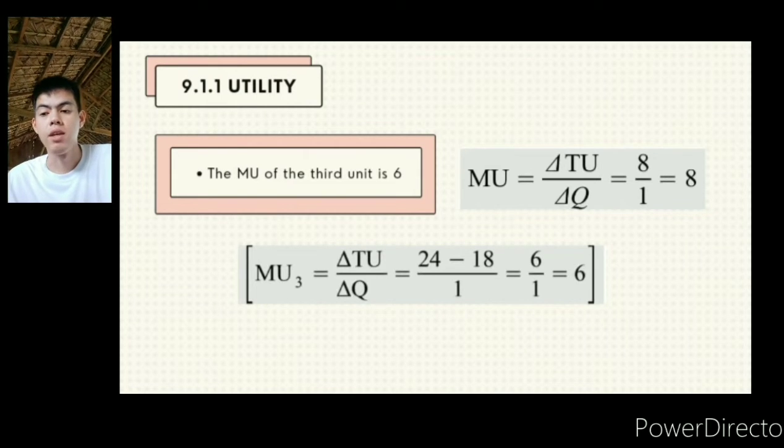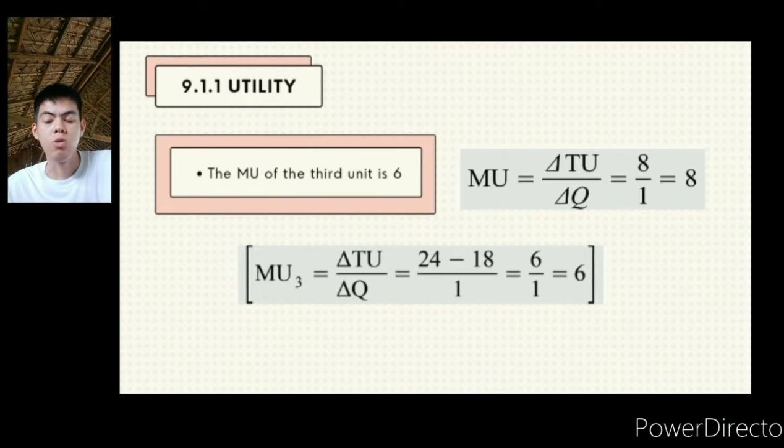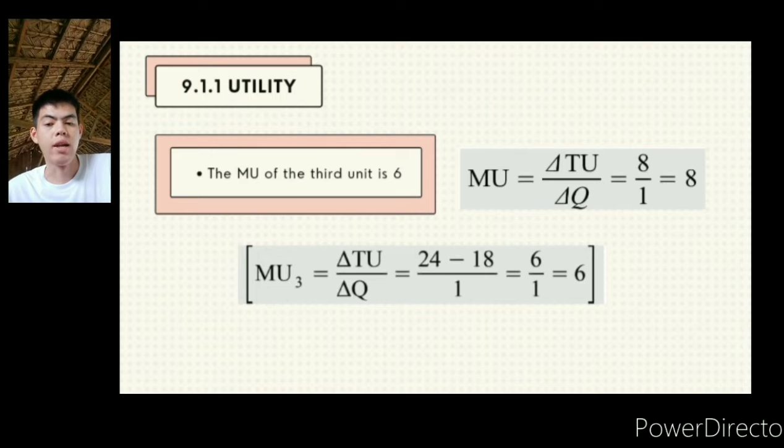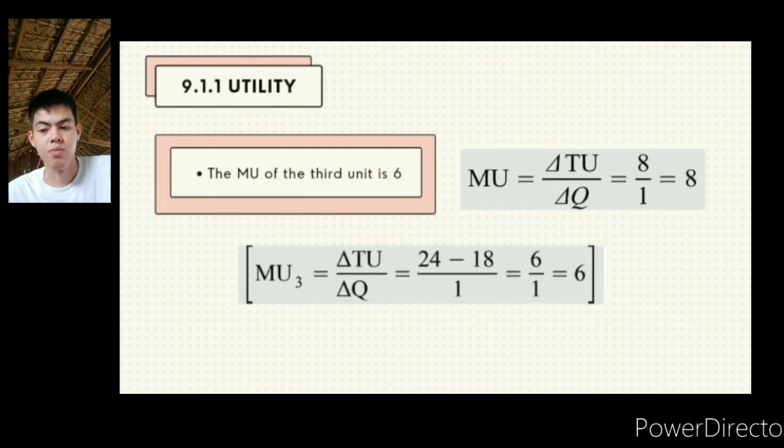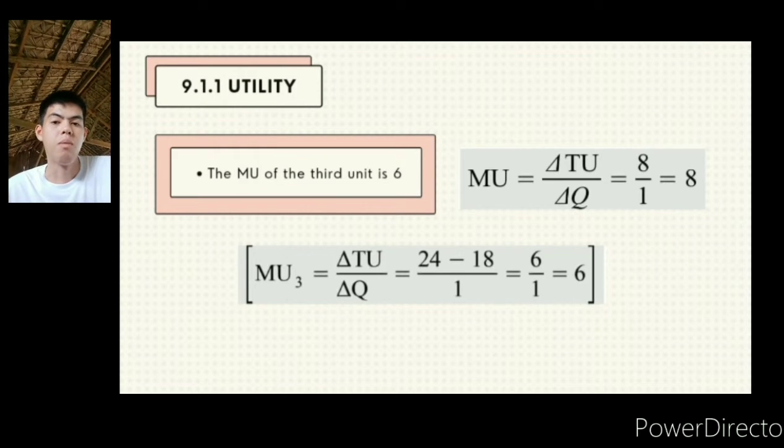Paano to nakuha? Here's the formula. Marginal utility equals change in total utility over change in quantity, or the unit equals 8 over 1 equals 8. Ito na nga, sagot kung paano nakuha yung 6.